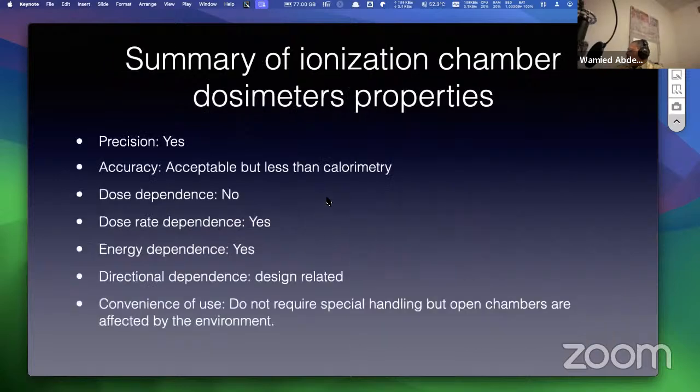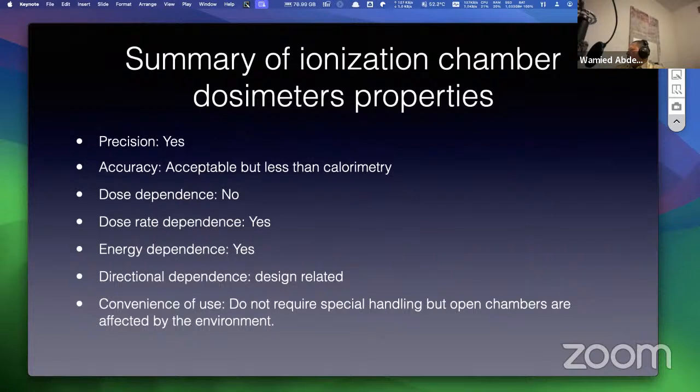So, summary of ionization chambers: precise, yes. Often we repeat the experiment, we get the same dose. One of the problems we might face is if the chamber volume is small. Remember, we talked about this Compton current: the radiation beam will induce a non-dosimetric signal.